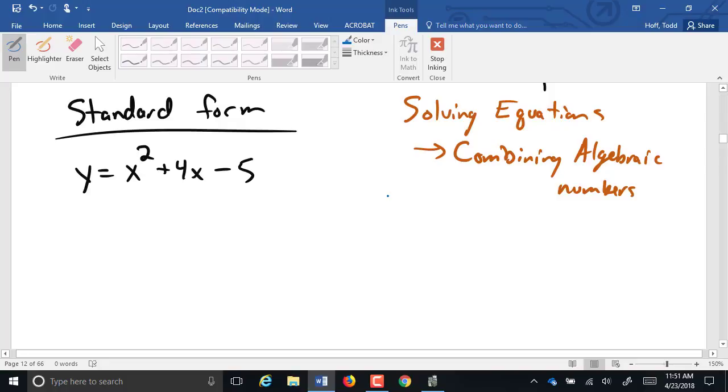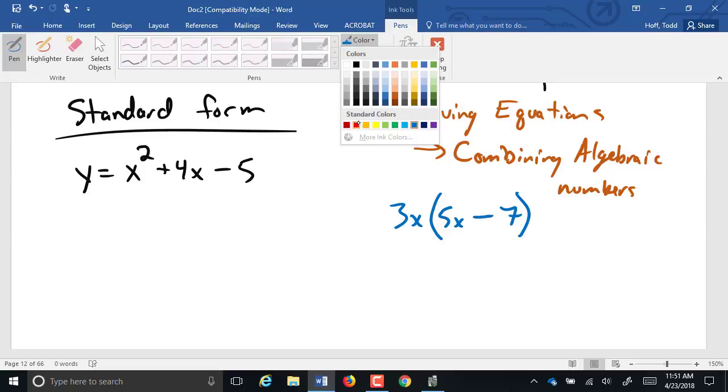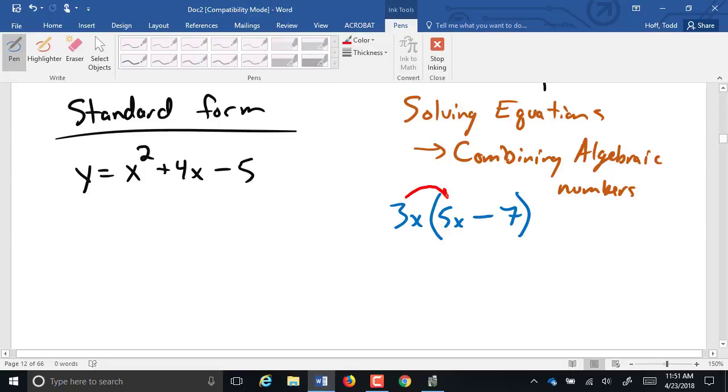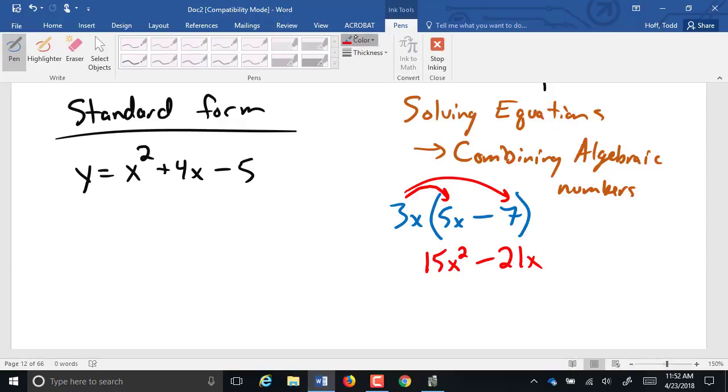And there was a couple of different types of multiplication we did. We could do a single digit number times a multiple digit number, like 3x times 5x minus 7. When we multiplied that, we distributed. 3x times 5x was 15x squared. 3x times negative 7 was a negative 21x.